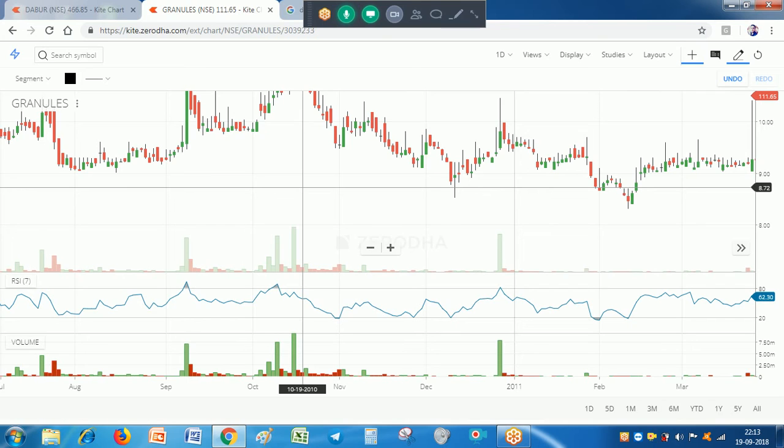Yes, friend, the app is Chart Pattern Images. Okay, Chart Pattern Images is the name.